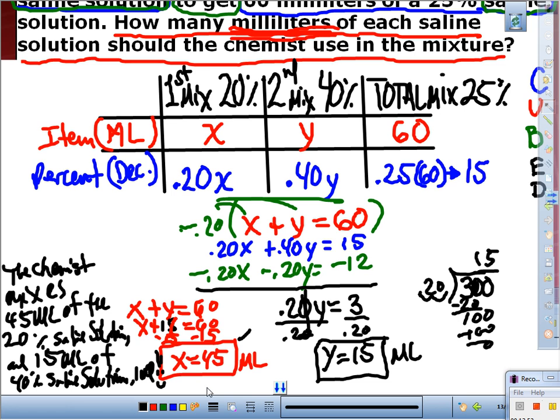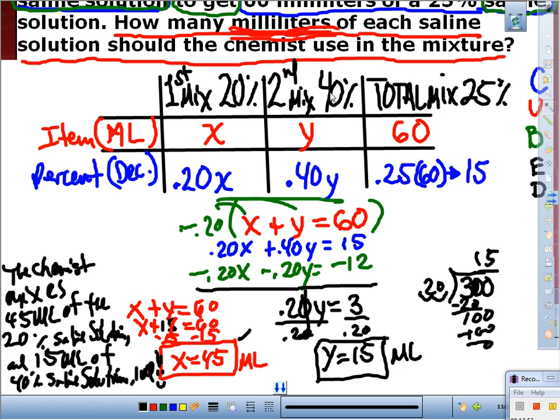So if you notice, after we write the system, the elimination process we know. So what would be the challenging part of this problem? The setup, right? So let me recap on the setup. 3 lines down, 2 across. Instead of being item and cost, now it's item and percent.